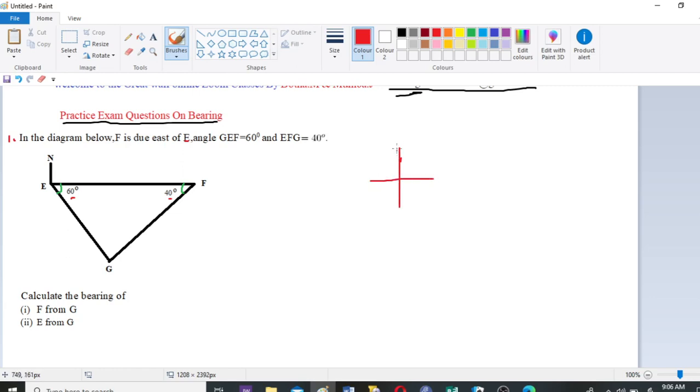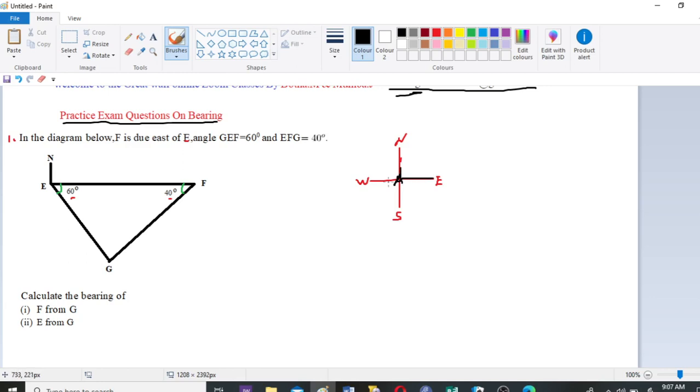On the compass you have north, east, west, and south. Let's say here we have position A, and this position is due east of W. It means this point and this point, which is due east of W, are lying on a straight line.